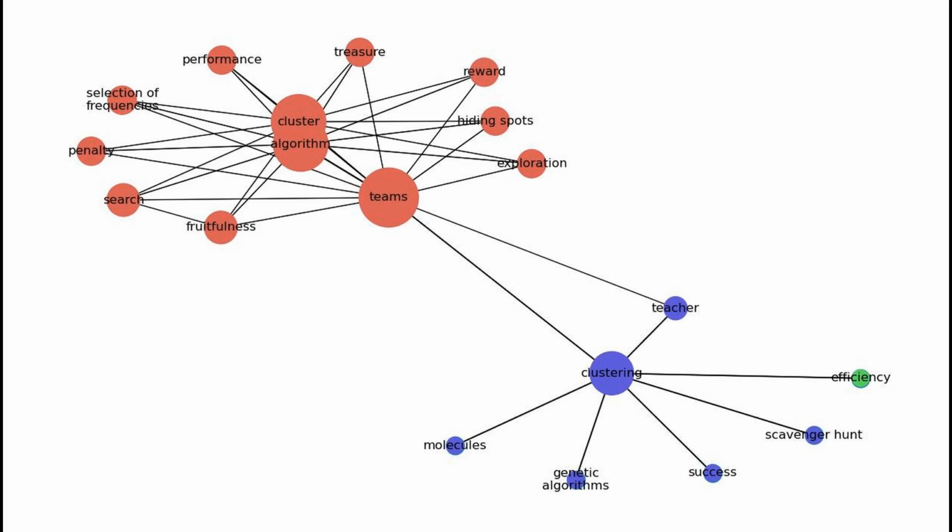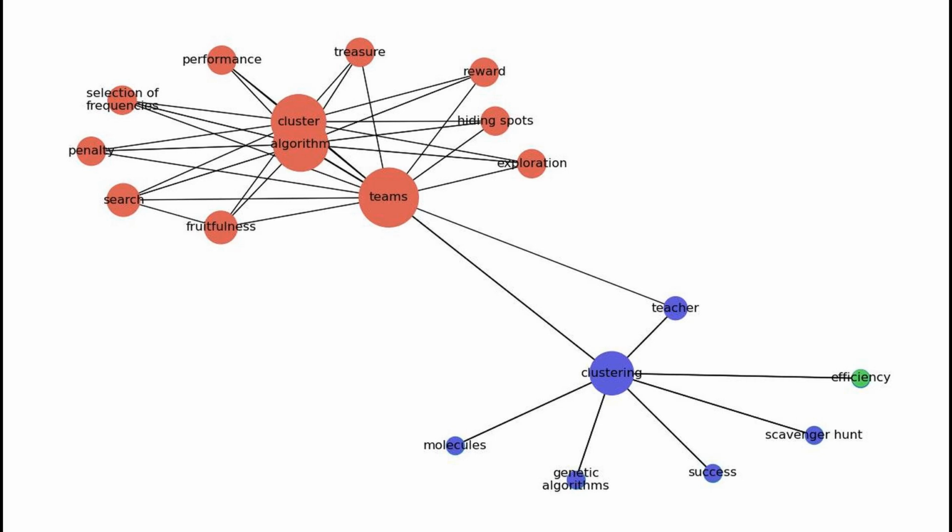This method enhances efficiency because by clustering, the algorithm can quickly assess which groups are doing well and which ones need more attention. It can then adjust how often it selects molecules from these different clusters based on their success, similar to a teacher giving more attention to teams that show promise while still encouraging the others to improve.